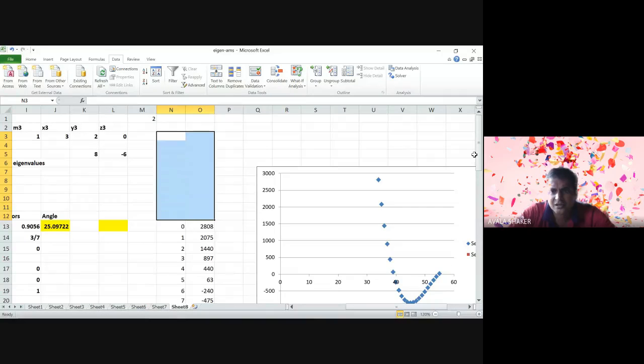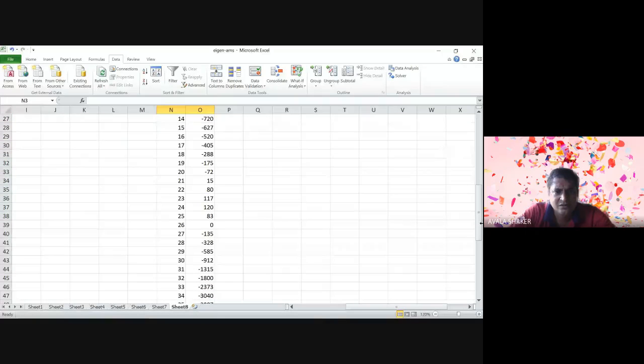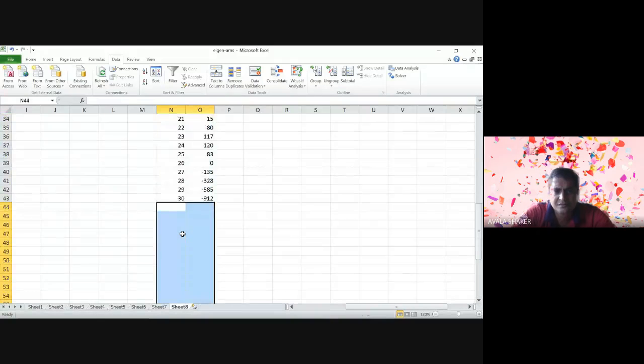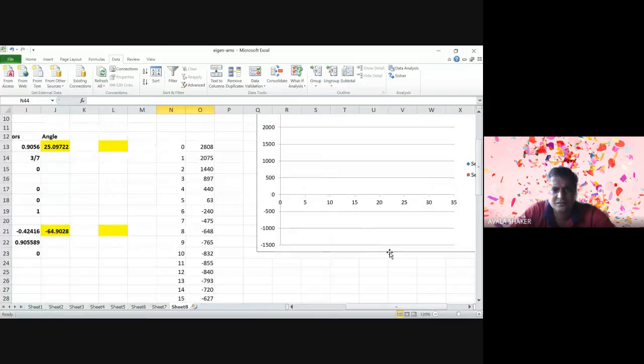There's some problem with the x-axis, so let me just plot it.